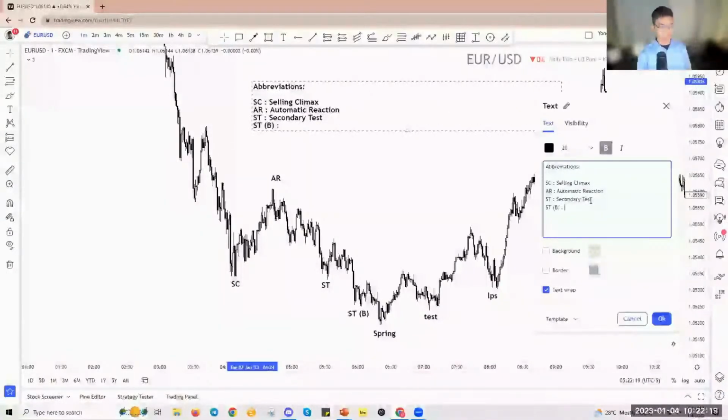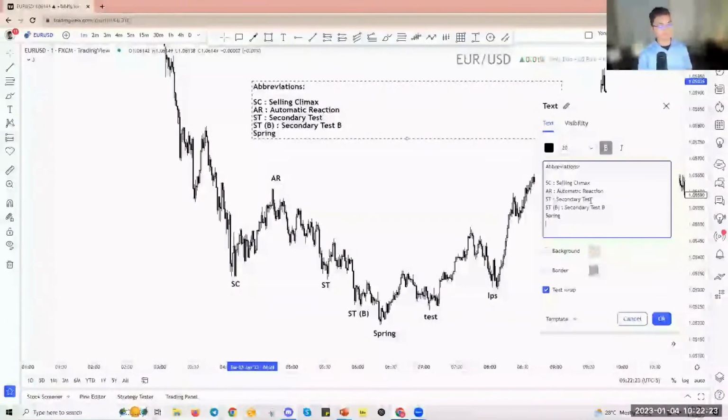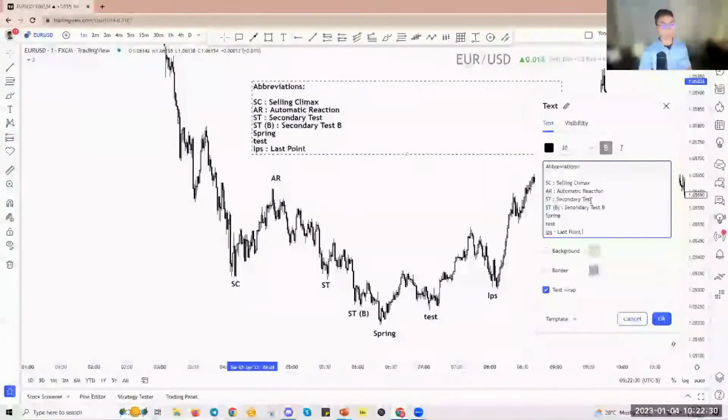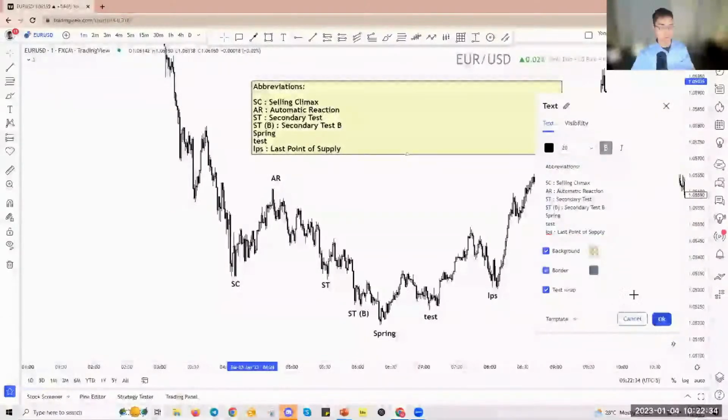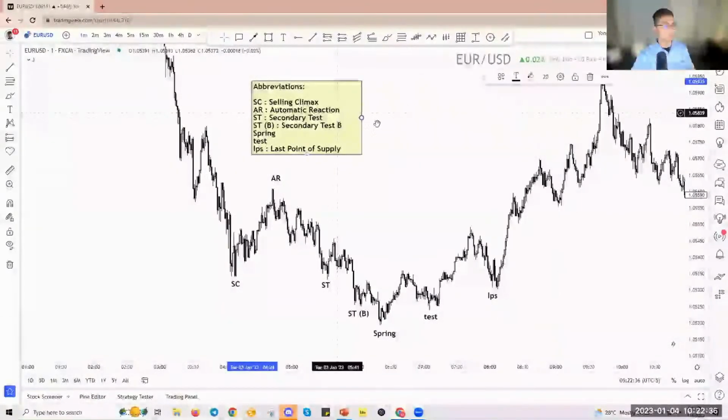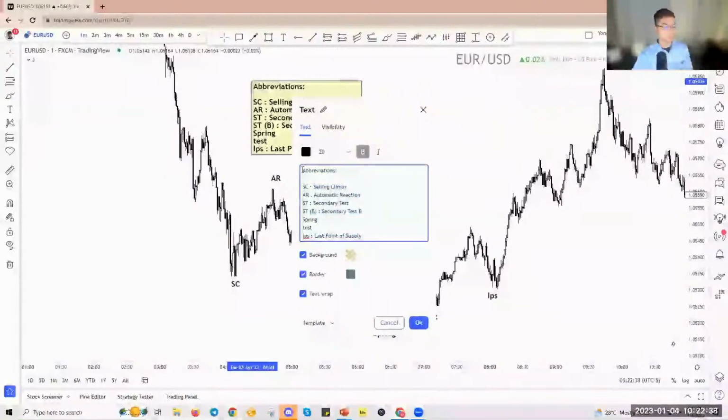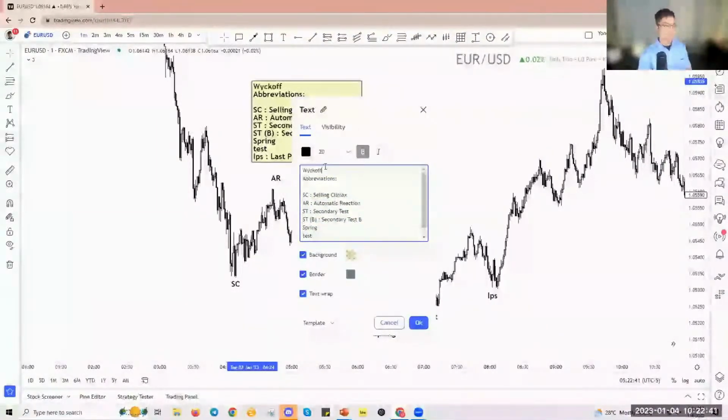STB means secondary test B. Spring just means spring, test means test. LPS means last point of supply. All right, so this is for the Wyckoff accumulation schematic. It's something like Elliott wave.